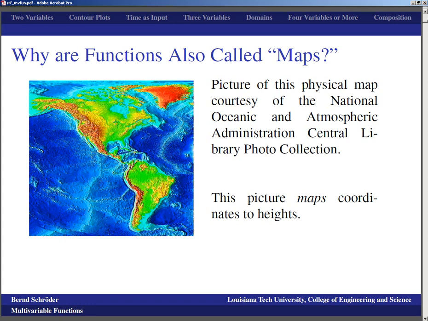And so that is already something where this picture technically takes two inputs, latitude and longitude, and maps every one of these pairs of inputs to an output given by a color, which is interpreted as a height. So that already is an example. Anytime you have looked at a map, you have looked at a function of two variables, at least when you've looked at a physical map.